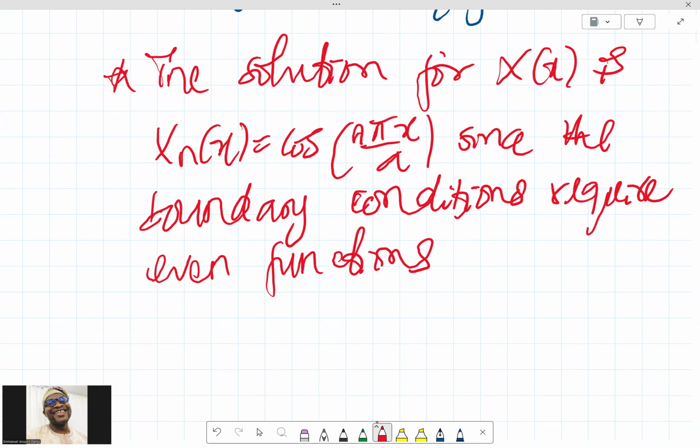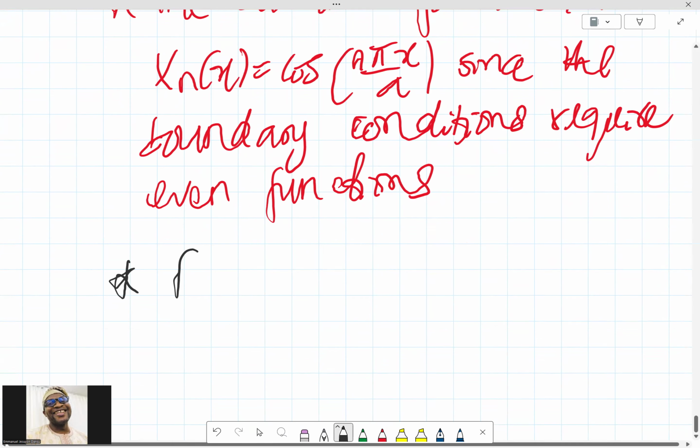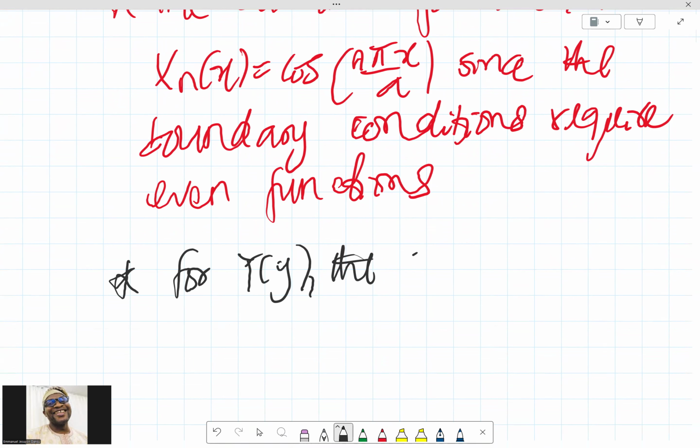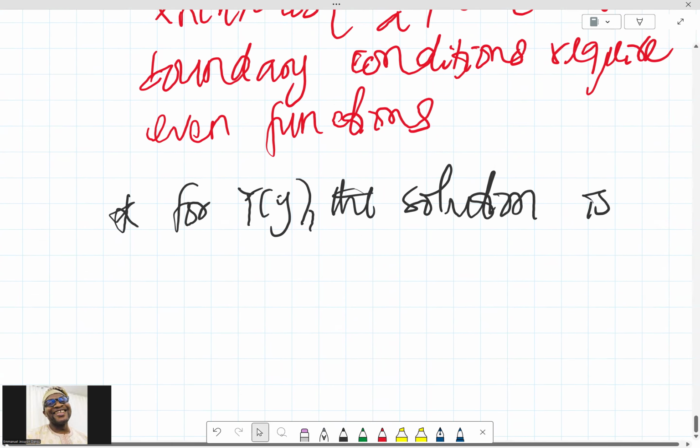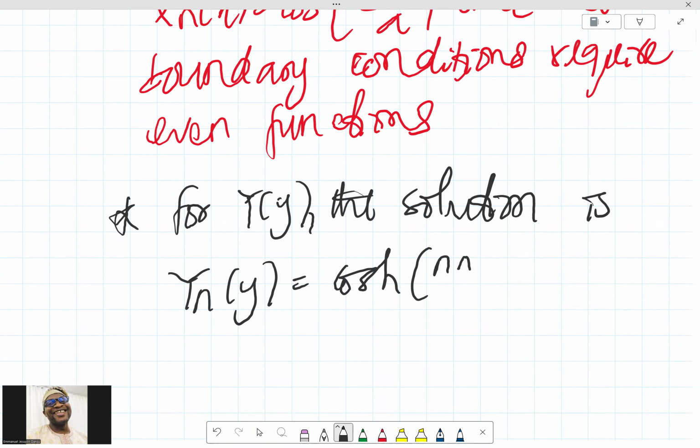On the other hand, for Y of y, the solution is Y_n of y, which is equal to cos n pi y all over a.